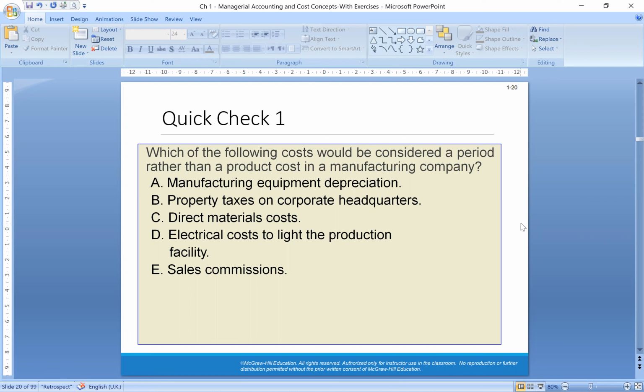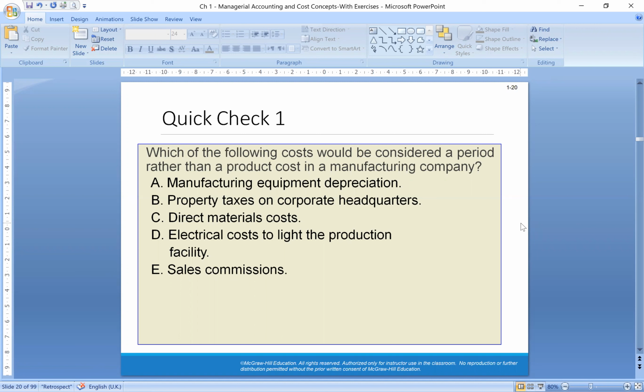Number C, direct materials costs. The direct materials will be an integral part of a product, so this will never be a period cost. Number D, electrical costs to light the production facility. From the words production facility, we know that this electricity will be a manufacturing cost, and then it will be an integral part.